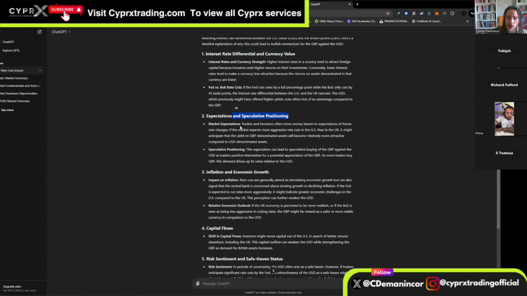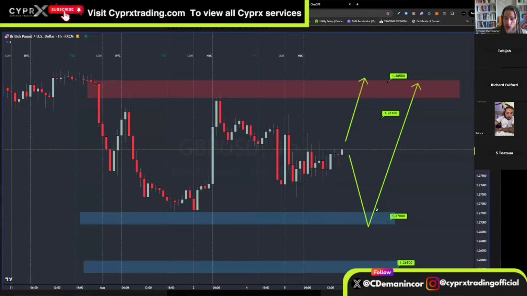Let's continue this. So, expectations and speculative positioning. Market expectations: traders and investors often move money based on expectations of future rate changes, which is why I try to teach you guys, just like when I do my forward projections, to play chess, not checkers. Think about what the market makers are going to do, where they're going to be targeting, how they move price.